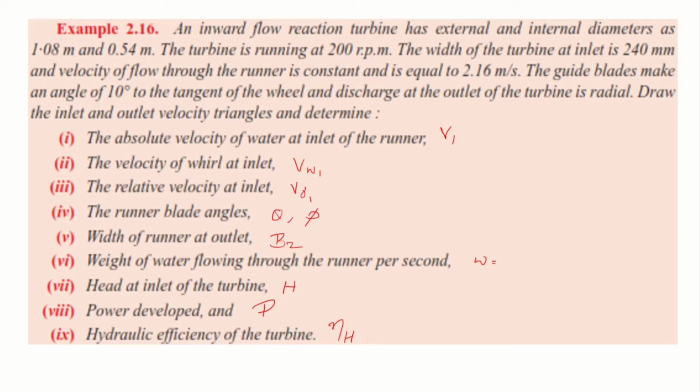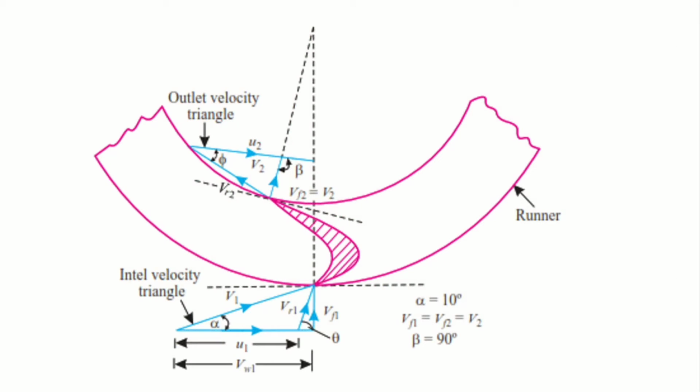So first of all, look at the velocity triangle. The velocity triangle consists of alpha, V1, VR1, VF1. The inlet side of the velocity triangle is very much similar to what we discussed in our series of blades.